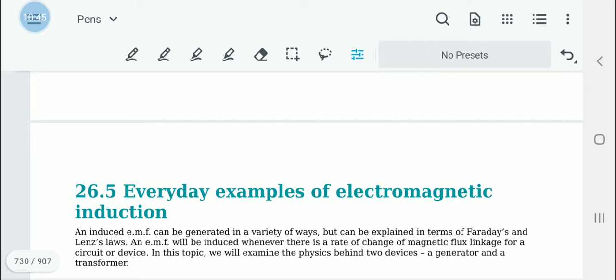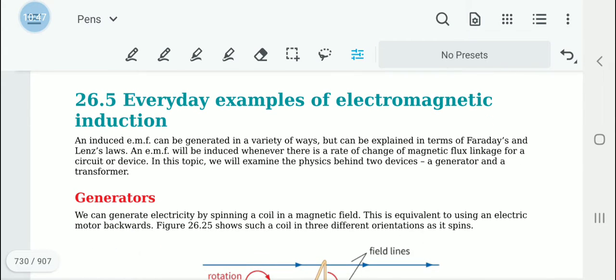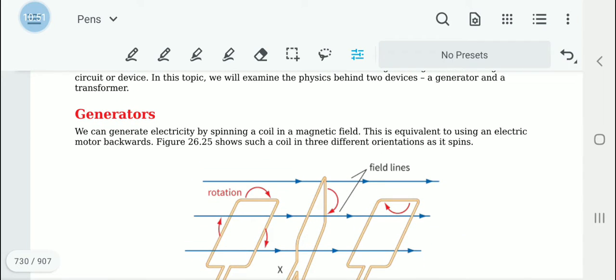Electromagnetic induction can be observed in everyday objects such as generators and transformers.